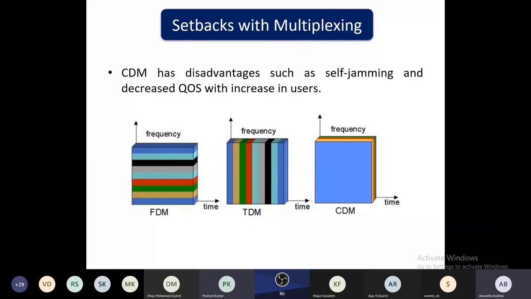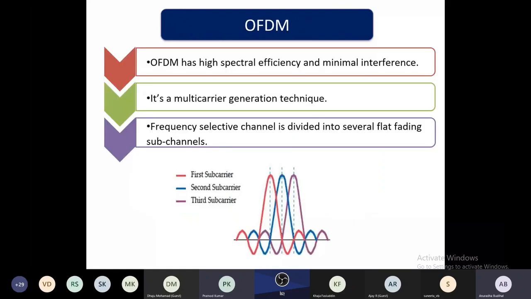To overcome all this, the best method is orthogonal frequency division multiplexing. OFDM is a promising multi-carrier modulation technique that mitigates the effect of frequency selective fading inherent in high data rate environments.